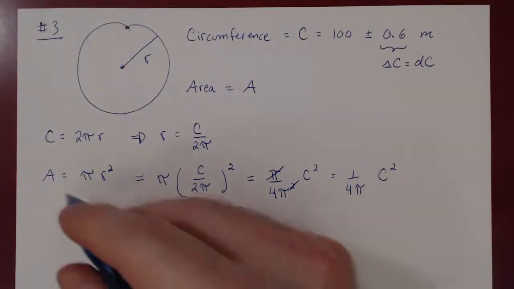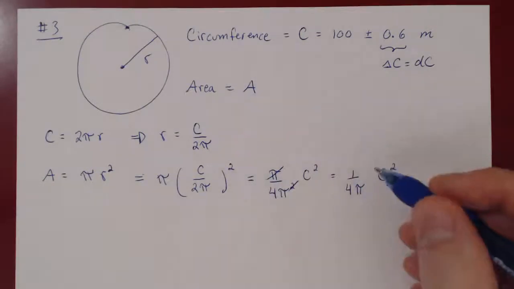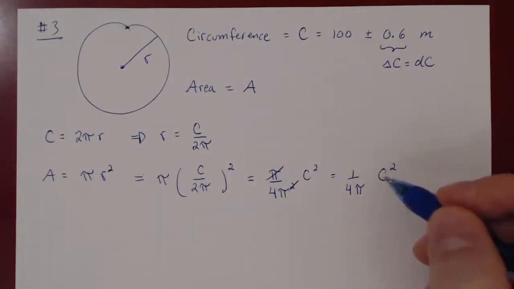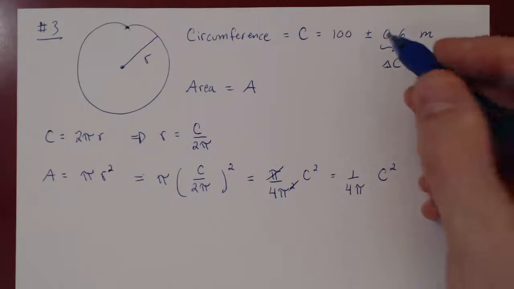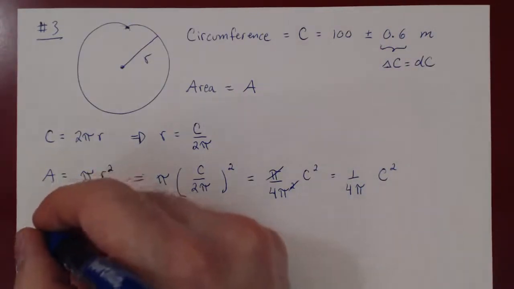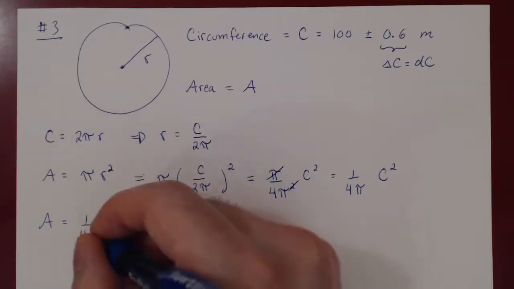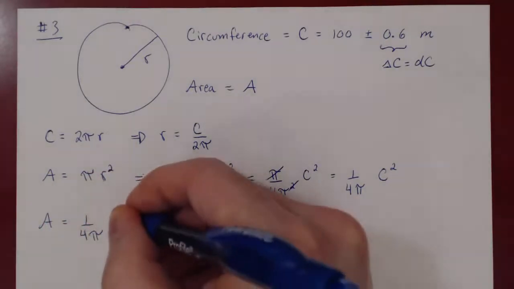And now you have the area, the variable you're trying to measure, as a function of the circumference, the variable you have previously measured with uncertainty. And now we're good to go. So our area function is 1 over 4 pi times the circumference squared.